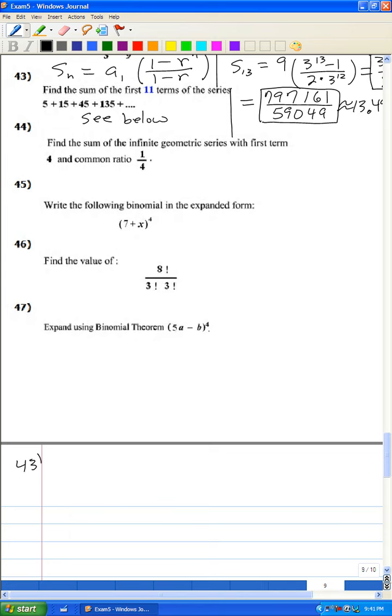So 43. It's getting just a little bit too crowded. Find the sum of the first 11 terms.